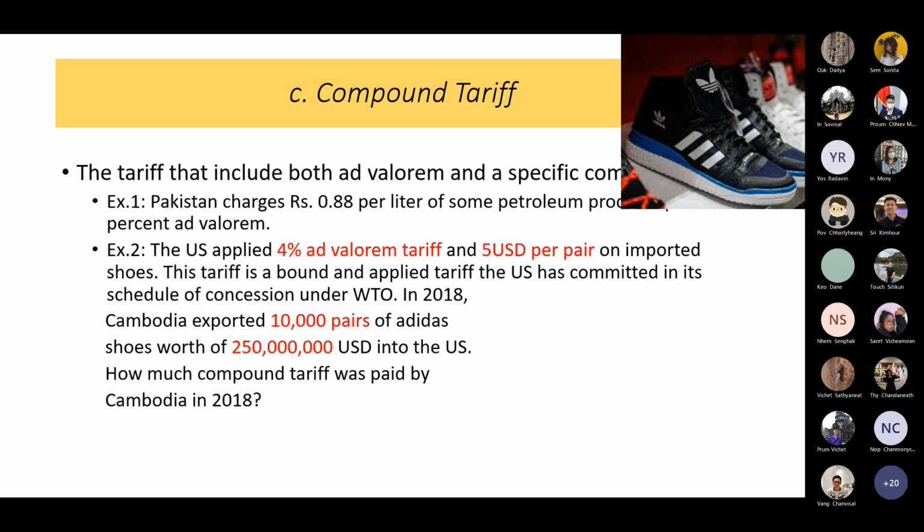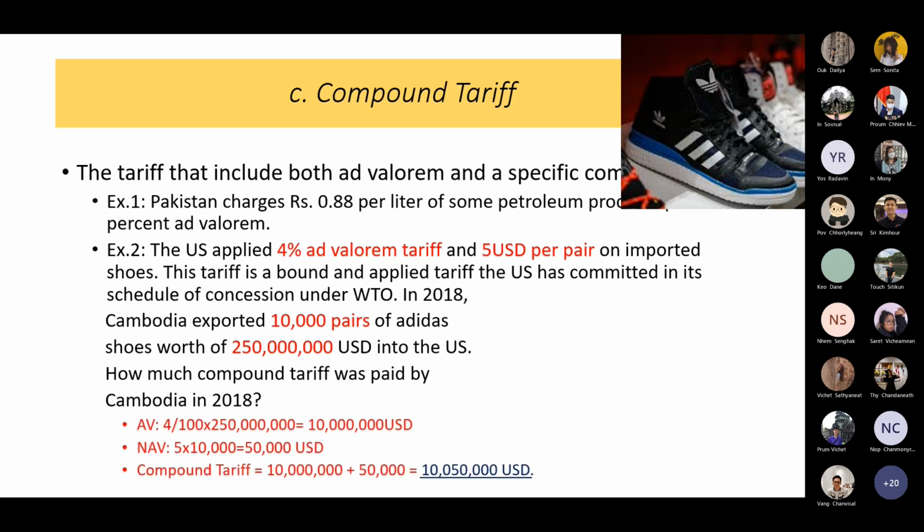You calculate both and add them: 4% of $250 million is $10 million, plus $5 per pair times 10,000 pairs is $50,000. Very good, very smart. I am very poor but I needed more than 10 minutes to find the answer.